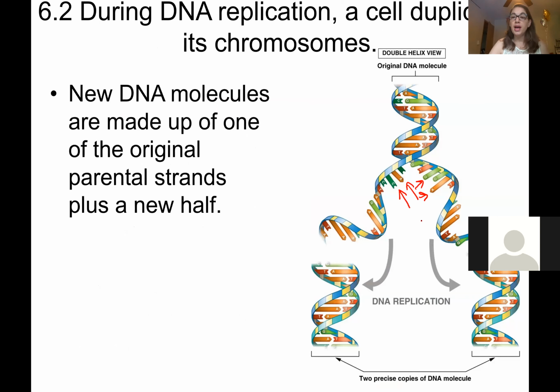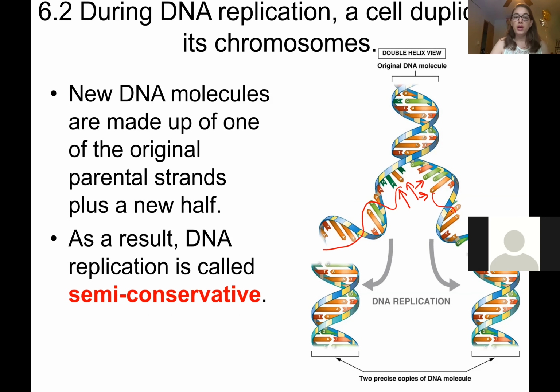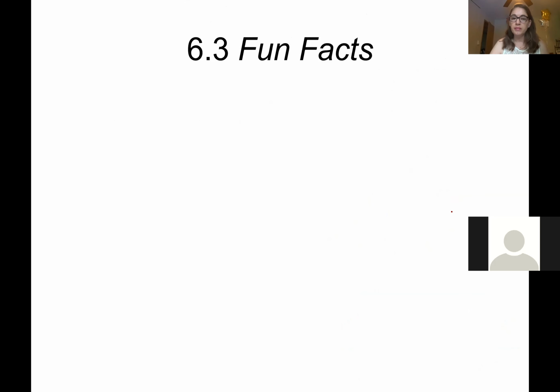So they serve as a template for a new DNA strand to form on both sides. And so what ends up is that your two new DNA molecules each have half a strand from the parent DNA molecule. So because of this, it's called semi-conservative.